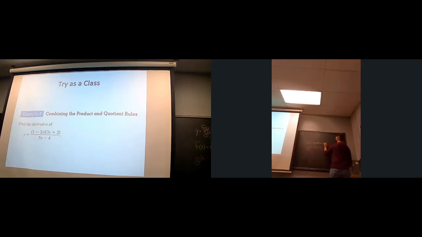So what I'm saying is f prime of x is going to be equal to 1 minus 2x times, I don't have enough room on the board, d dx of 3x plus 2, plus 3x plus 2, that quantity, times d dx of 1 minus 2x, right? Because of the product rule.